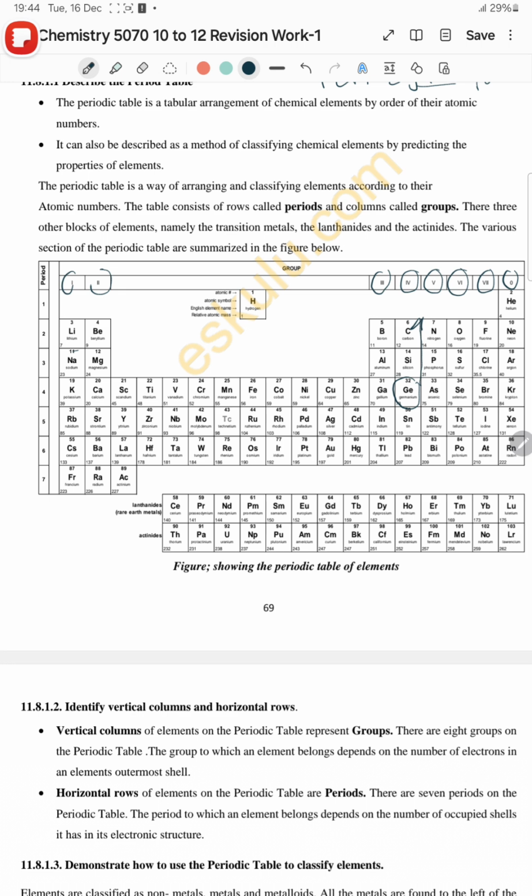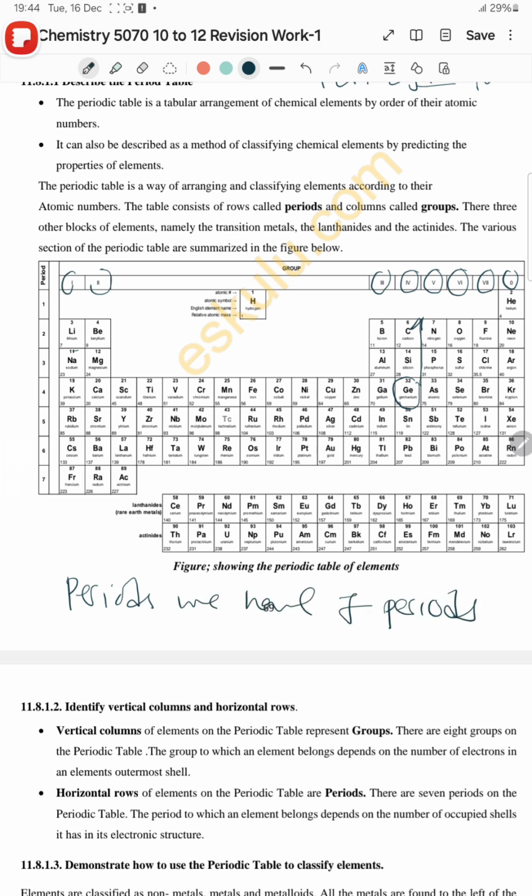Now we want to know how and why some elements are placed in the period in which they are. So in terms of periods, we have 7 periods.